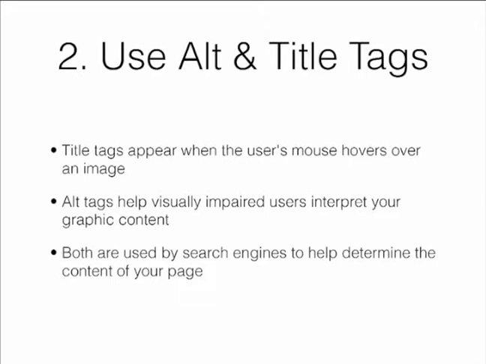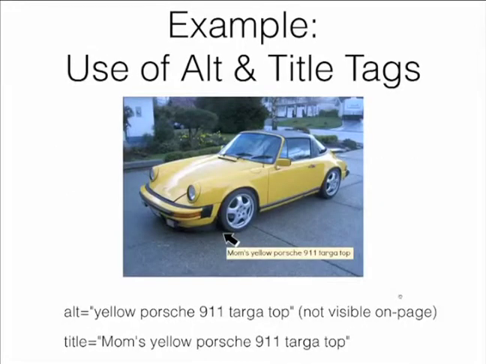These days, the alt tag is more commonly used to help visually impaired users understand your visual content. So their page reader would read the alt text to describe what's in your image. But an interesting point is that both tags are used by the search engines to help them figure out what's on your page and what this image is about more specifically. So it is important, if you can, to use them because it does provide another clue.